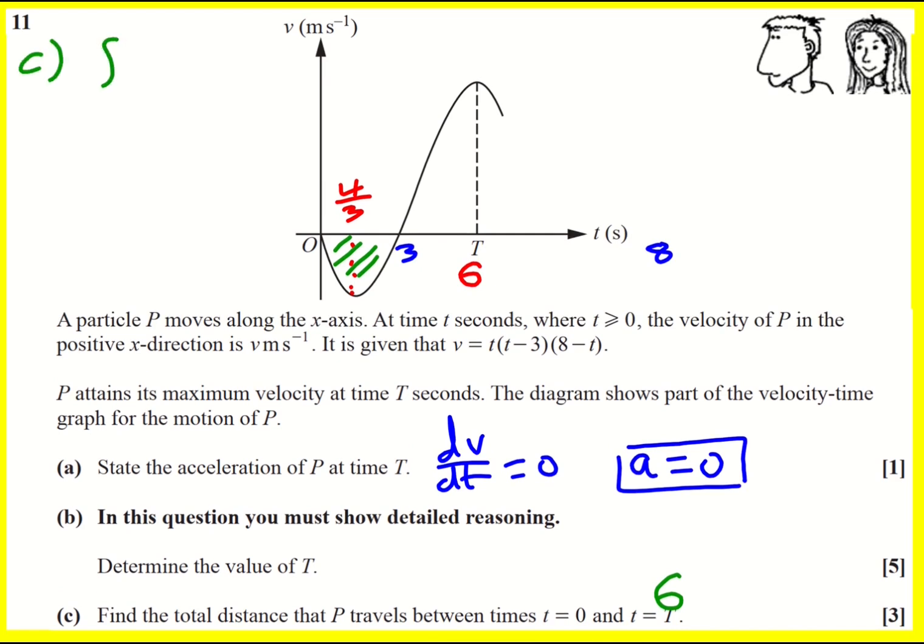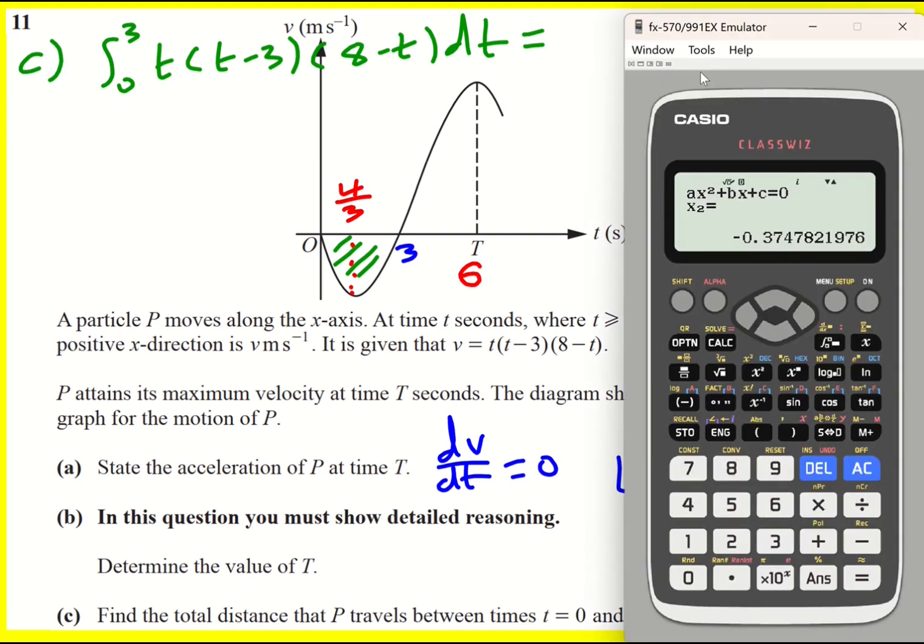First up, I'm going to find the displacement between 0 and 3. Now actually, this is only a 3-mark question. It doesn't say I have to show detailed reasoning here. I can just put it in my calculator as a triple bracket. Of course, you should be able to do it without your calculator, but in this kind of question, you've also got to know when to use your calculator and when not to, especially to save time to get onto the later questions.